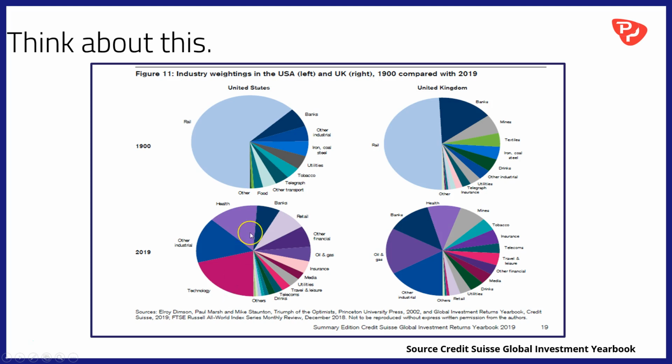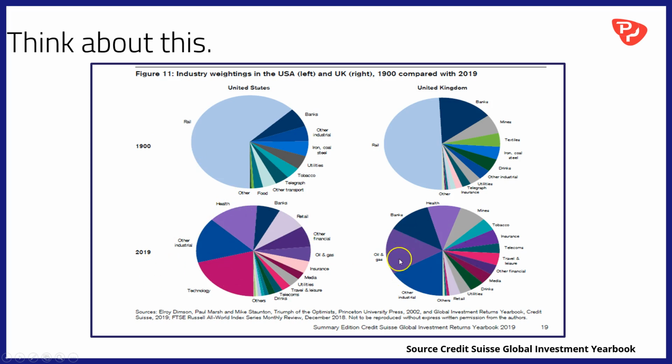Okay then, food for thought, something to take away with you into the trading day and beyond. Well, why not think about this? This is a very interesting chart drawn from the Credit Suisse Global Investment Yearbook, which was recently published and is available online, and it shows the composition of the UK and US stock markets in 1900 and again in 2019.